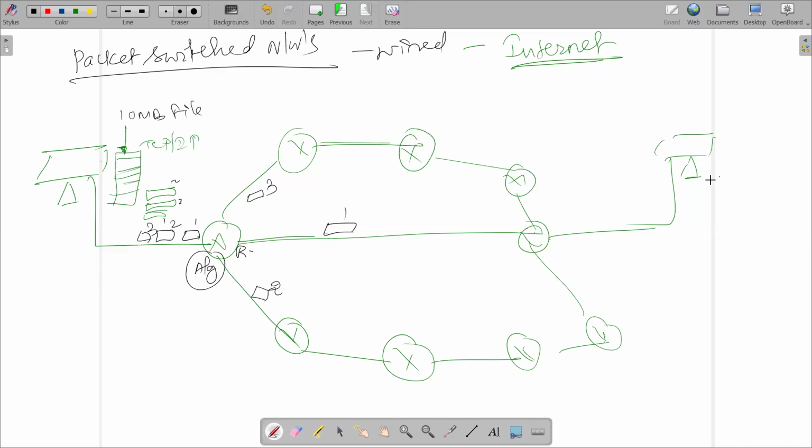The first packet reached here, then the third packet, having fewer routers, also reached. By that time, my second packet is still traveling, and the fourth packet is also routed in the short path. So first, third and fourth packets are received, and then somewhere after this, the second packet is received.